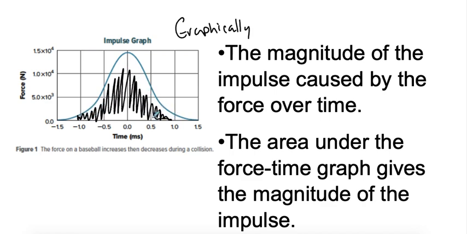Now my class is an algebra-based physics, so we would not be able to calculate that very accurately, but if you wanted to calculate the area under this type of curve, then you would need some calculus and you'd be using integrals from 2 points. In this scenario it'd be from 0 to 1.5. So integrals would calculate the area under the curve, which would give us the impulse of this scenario here.